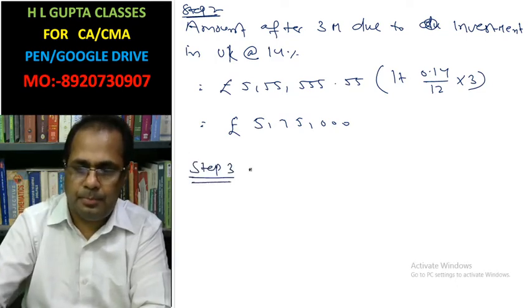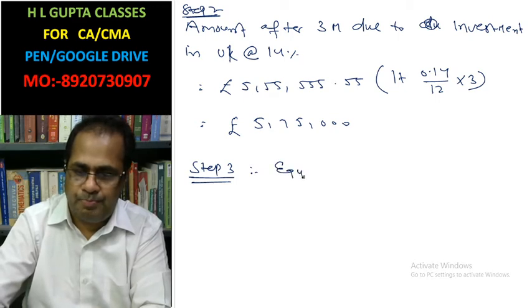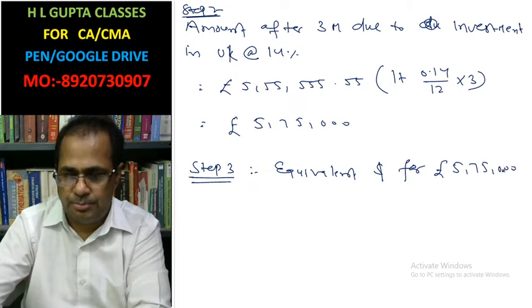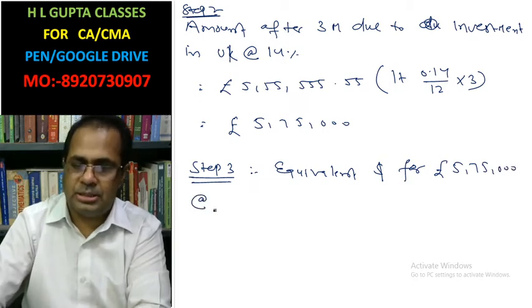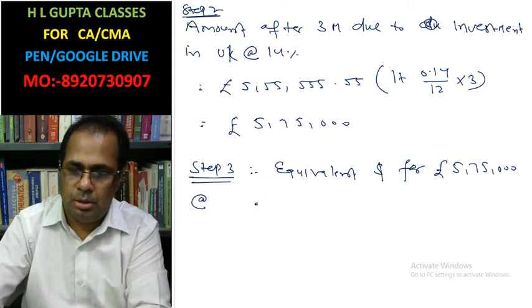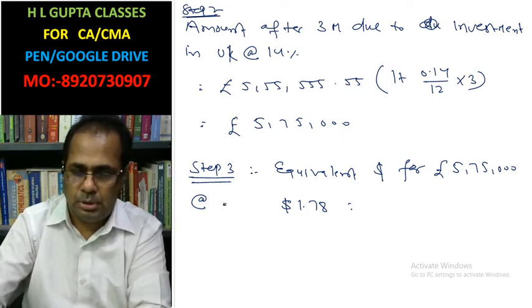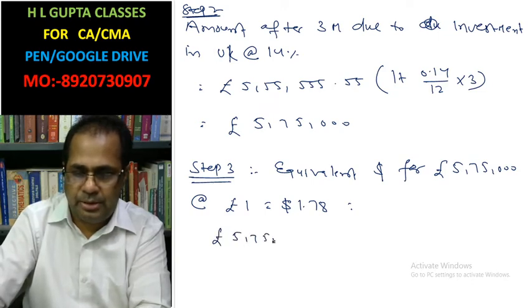Step 3, equivalent dollar for pound 5,75,000 at the rate of $1.78 for pound 1.